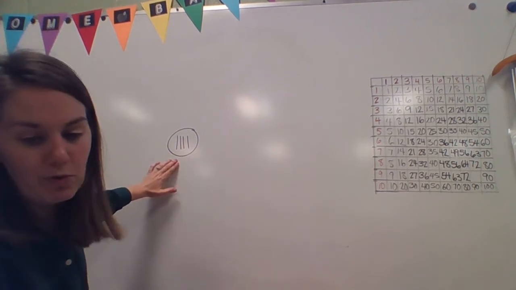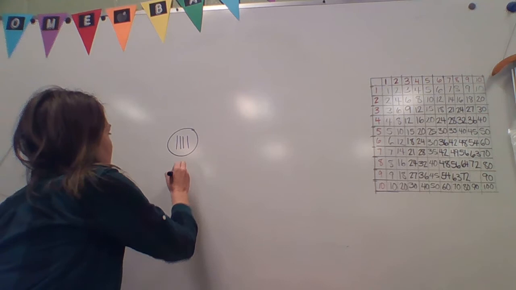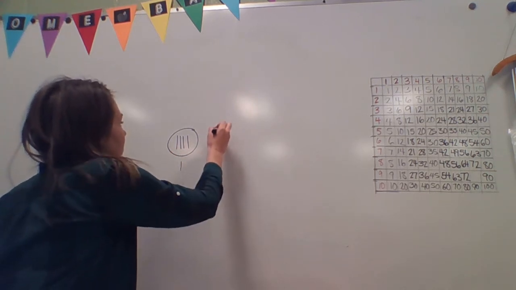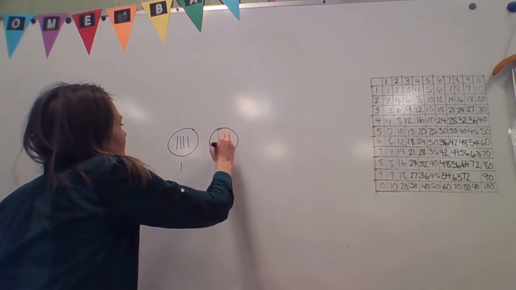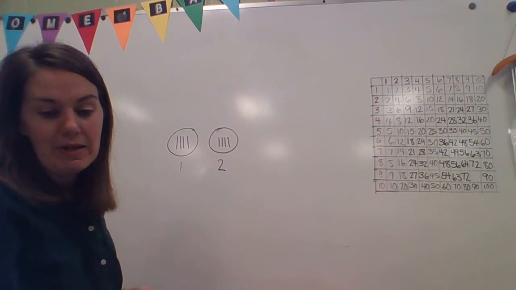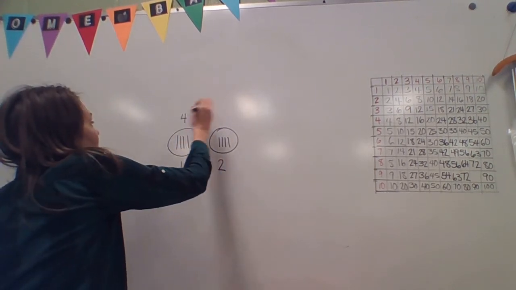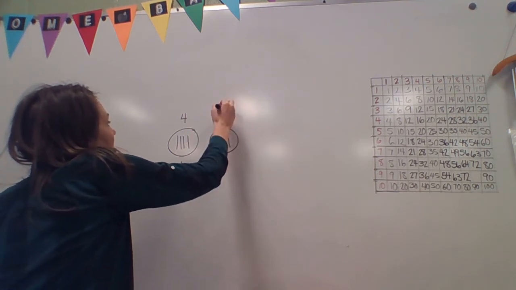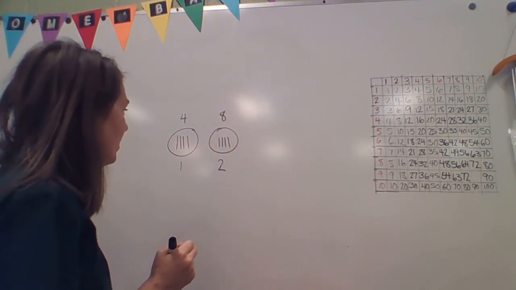So for 1 pack, I have 4, right? In a second pack, I would also have 4, but with my other 4 bottles, I would actually have a total of 8 bottles, right?